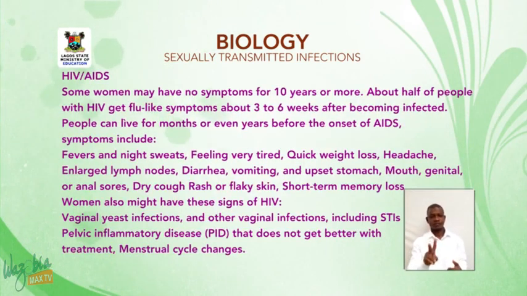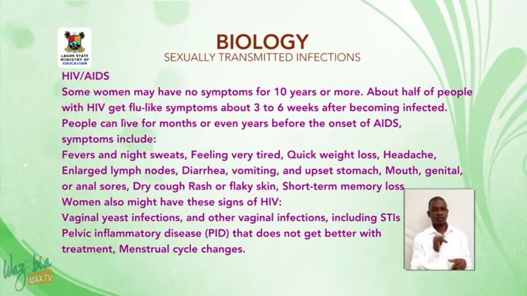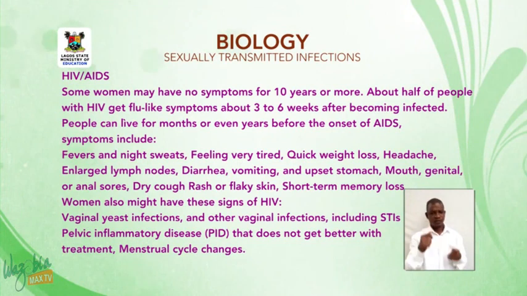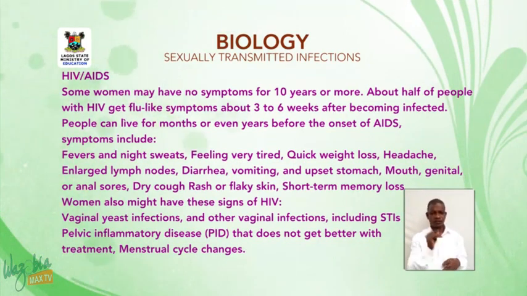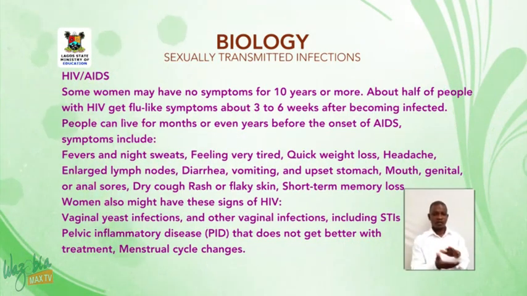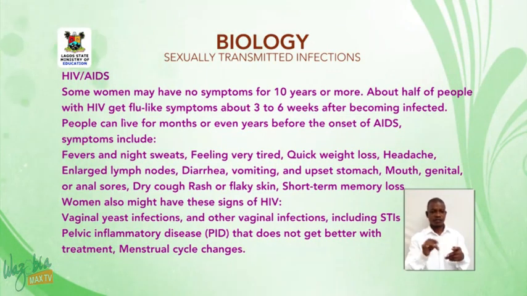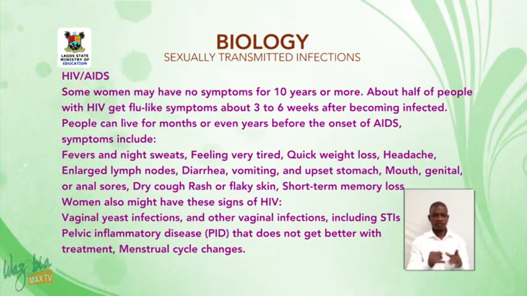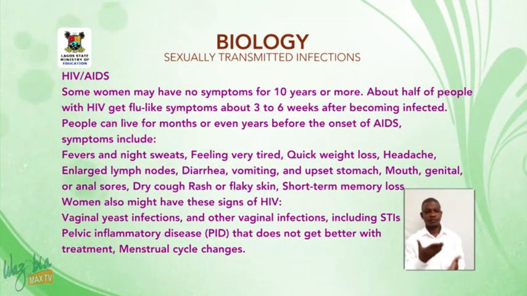Now, HIV or AIDS. Some women may have no symptoms for 10 years or more. About half of people with HIV get flu-like symptoms about 3 to 6 weeks after becoming infected. People can live for months or even years before the onset of AIDS symptoms.